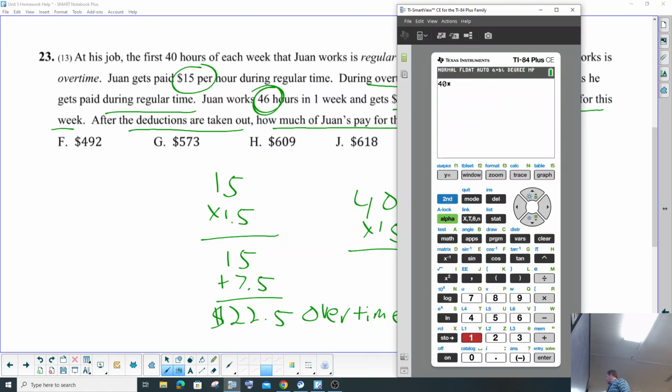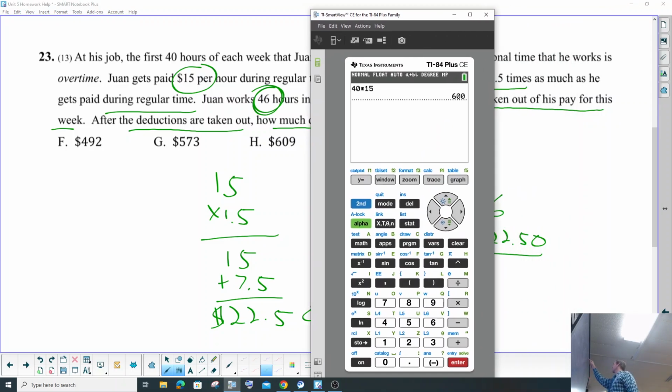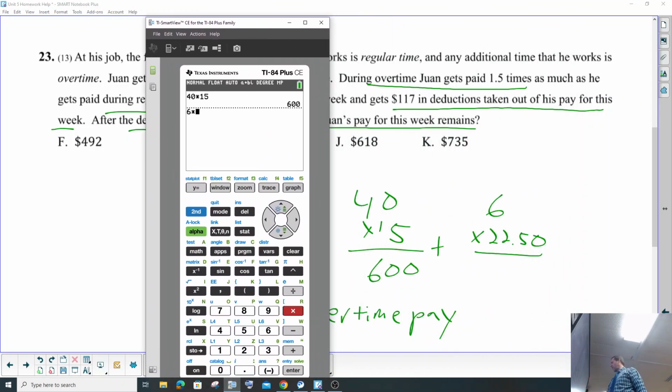So 40 times 15. So you make $600 for the week. Good. Plus the overtime, and the overtime is 6 hours times the $22.50 an hour.